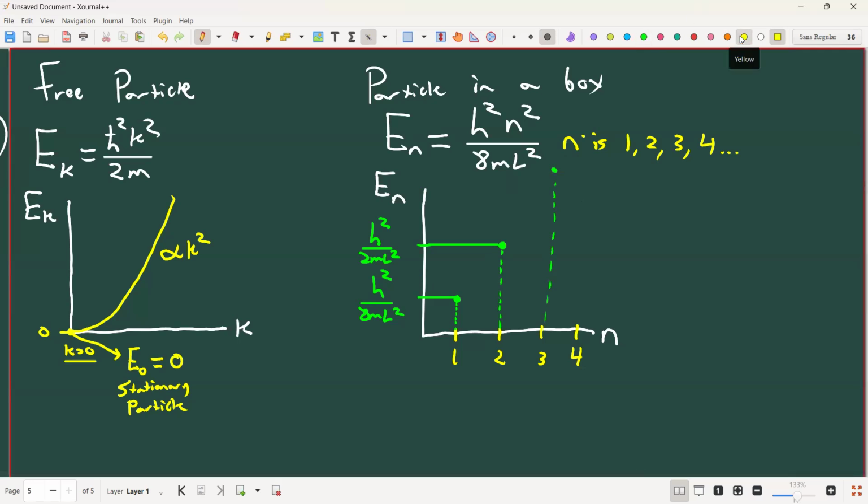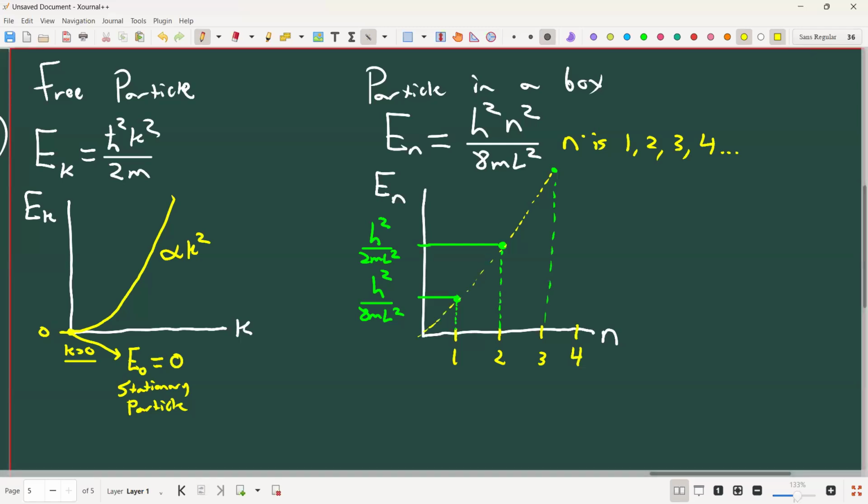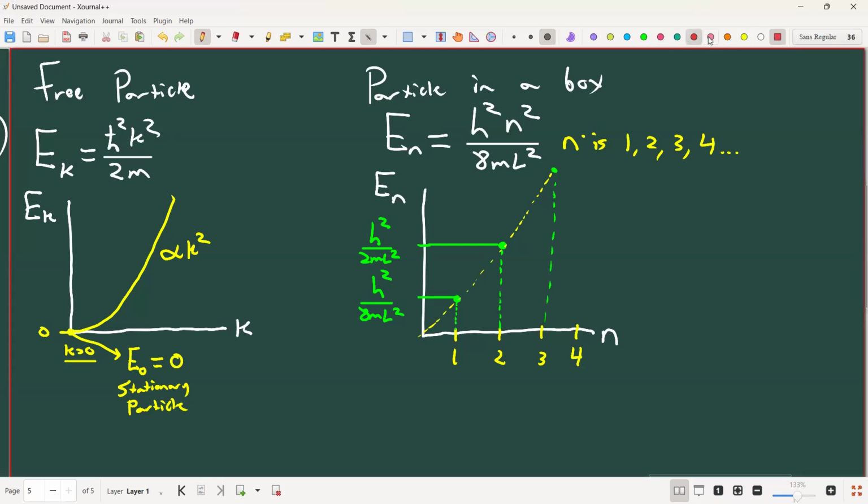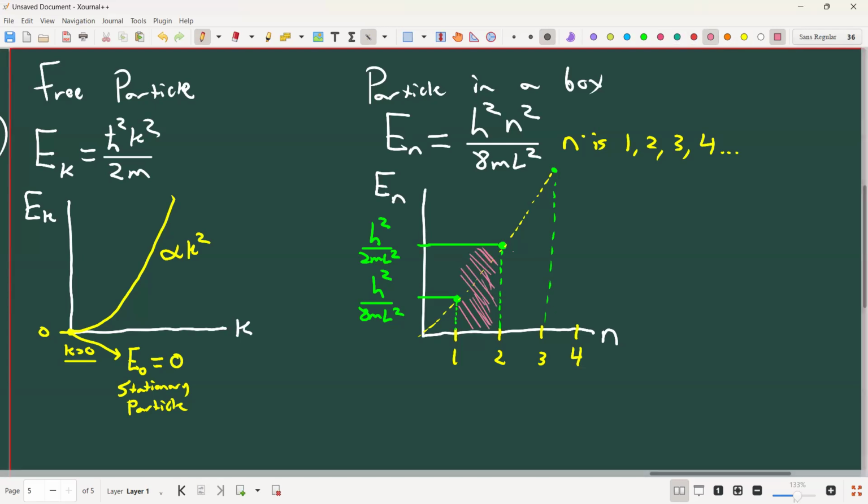So we could trace n squared being continuous, and you'll get a parabola here. I could kind of draw it like this. There's that parabola, like we have for the potential energy, but everything between these values does not exist. These energies do not exist. So anything in this colored region, all of the energies in this space between n equals 1 and n equals 2, or n equals 2 and n equals 3, there are no energy levels.